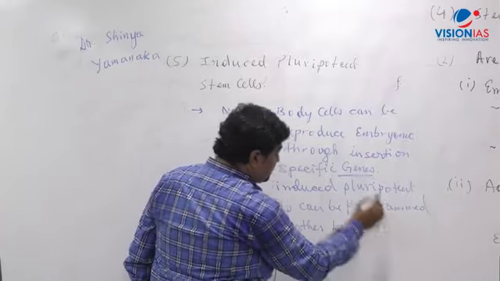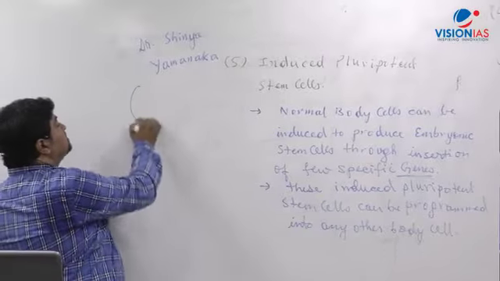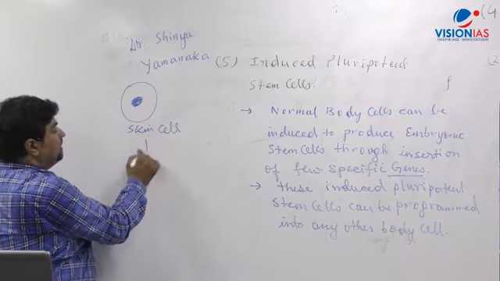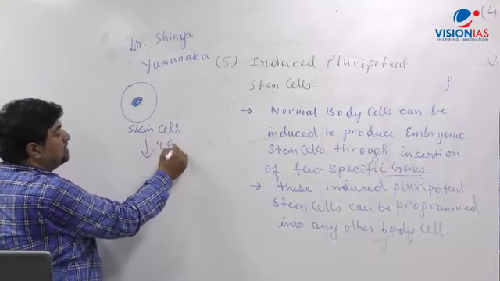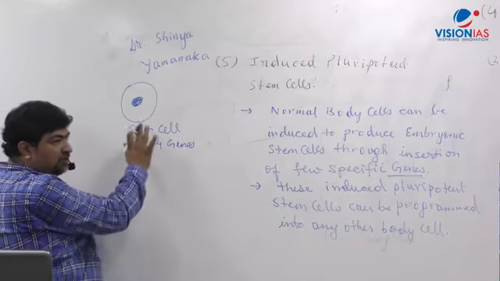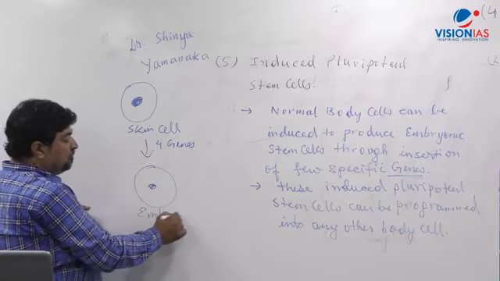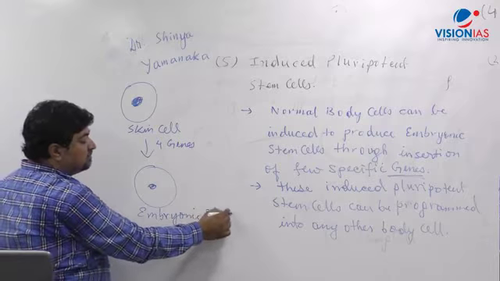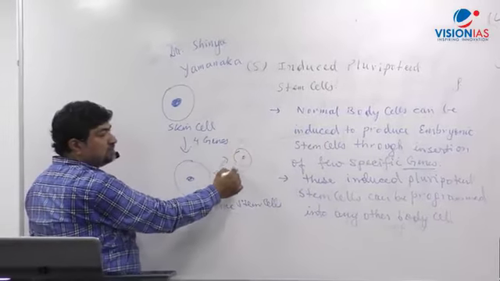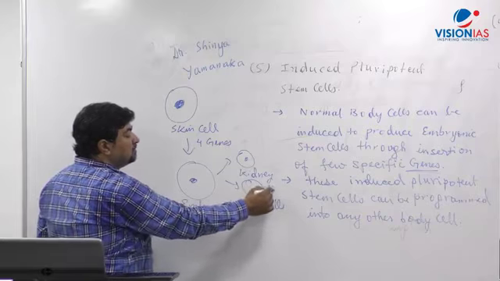Let's say for example, if I take simply a skin cell and then we induce it by adding the four types of genes which are called Yamanaka genes, right? Whatever sequence will be there, the genetic manipulation, and this skin cell becomes like an embryonic stem cell, a pluripotent stem cell. It gets converted. And then from here, whatever we want to make, kidney, we can go for kidney cells, or lung cells, or heart cells, whatever we want to make.